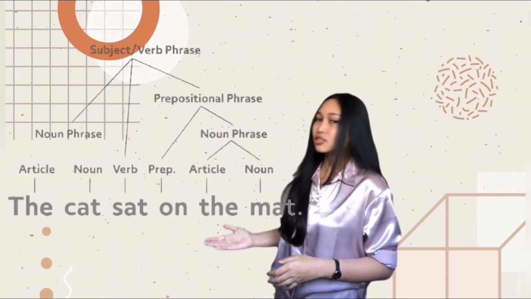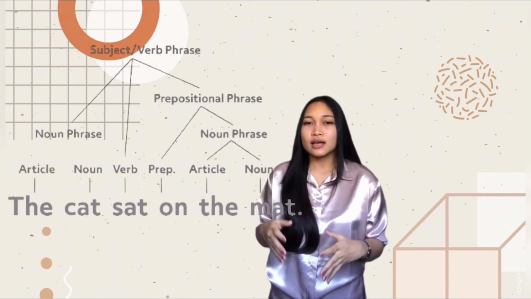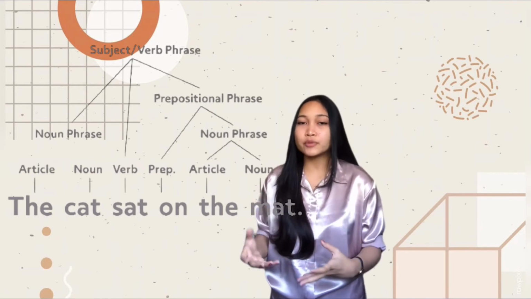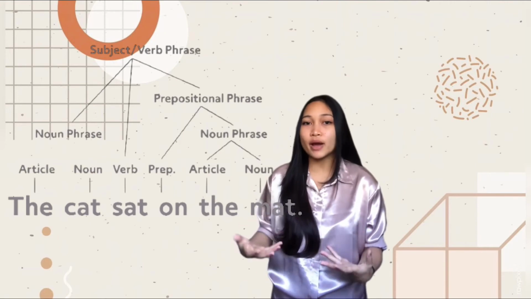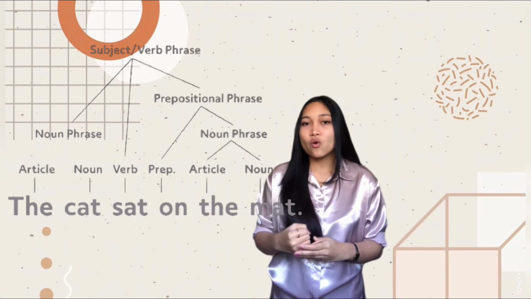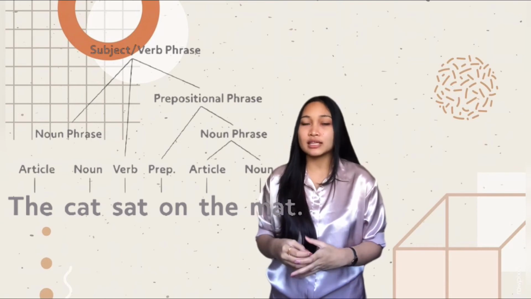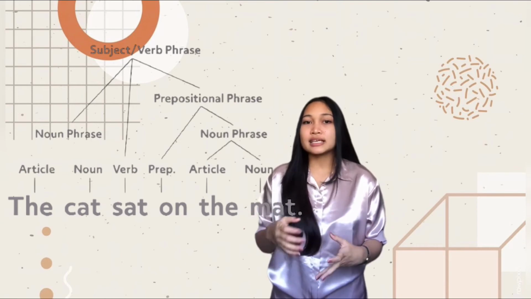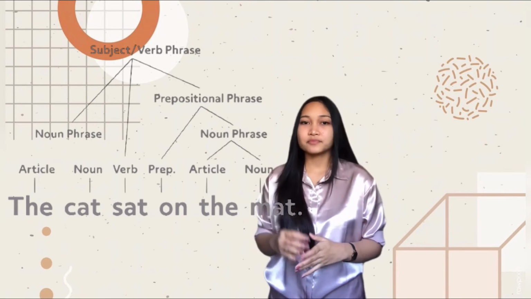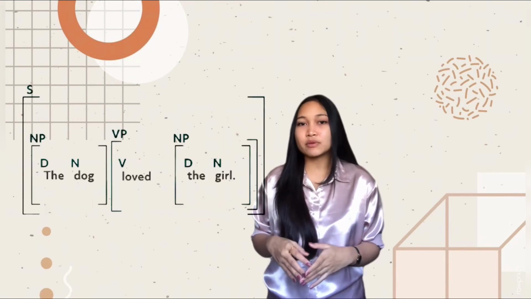In the chart, you can see that the sentence is broken down into its parts: verbs, nouns, articles, and prepositions. After that step, the words are grouped together to determine which parts of the sentence are noun phrases, prepositional phrases, or verb phrases. In the example given with the syntax tree, the subject is cat, the verb is sat, and the object is mat.